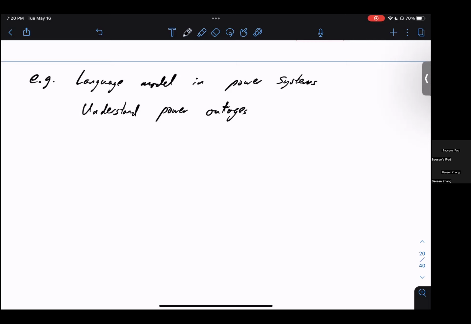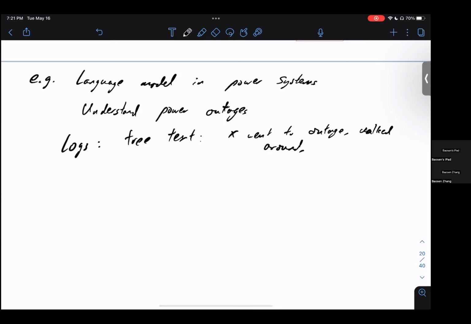For example, at City Light, every power outage will have this log. So what we have is logs, and this is free text. Right? So X went to the outage, walked around, observed Y, tried X to fix it.